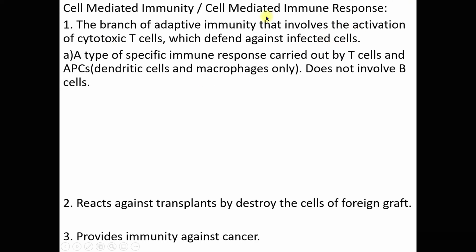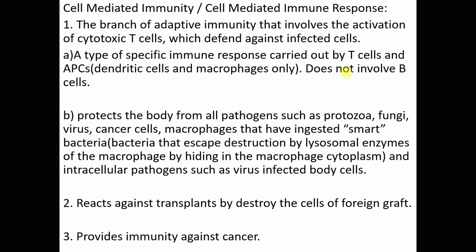But we won't be discussing the role of the suppressor and regulatory T cells here. We'll be focusing on the role of the helper T cells and the cytotoxic T cells. So again, a type of specific immune response carried out by T cells and APCs. The APCs here refer to the dendritic cells and macrophages only. B cells langsung tidak terlibat di sini, right?